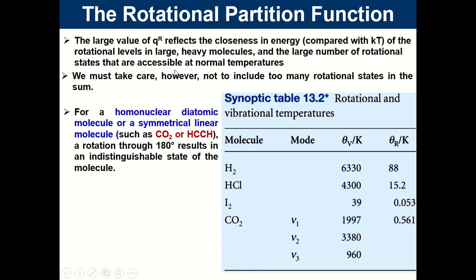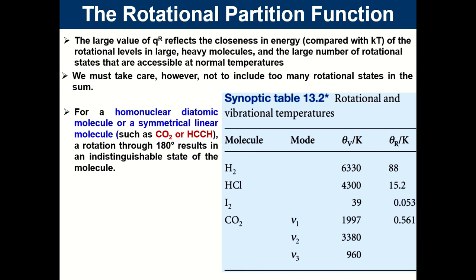In case of hydrogen molecule, all the population will be in the ground state at normal temperature that we talk about. So that is the important point that we are discussing here.